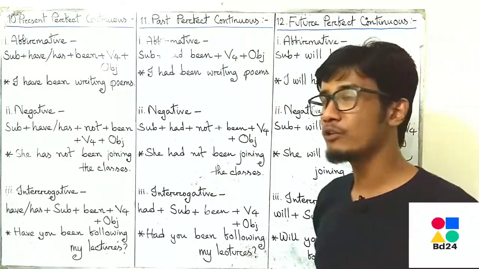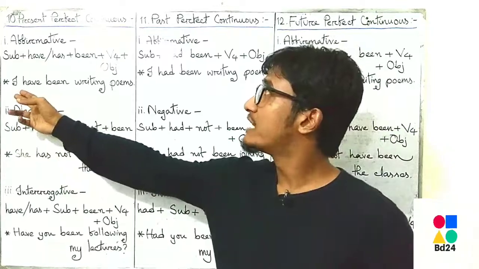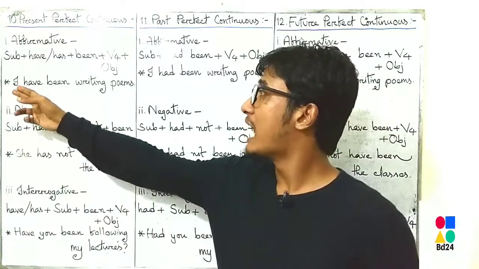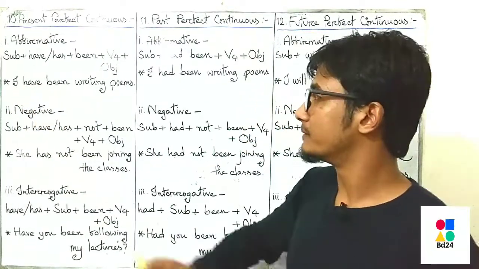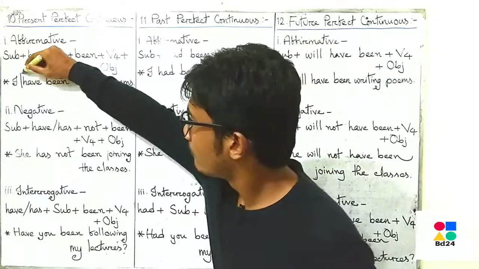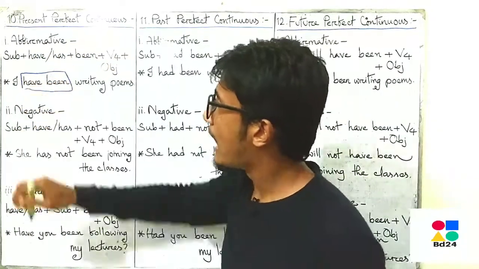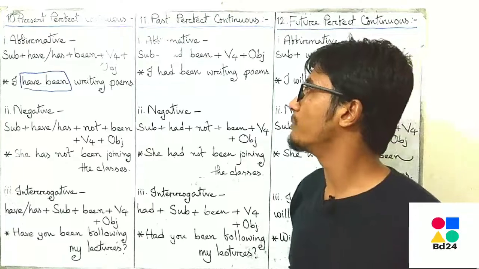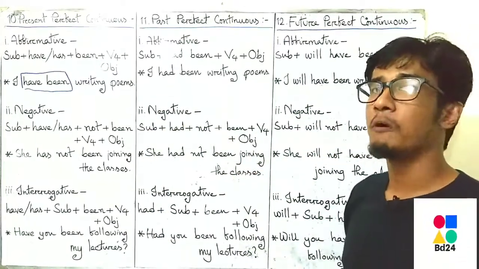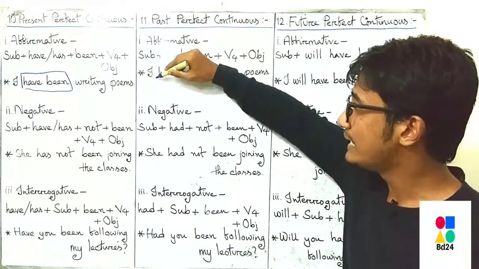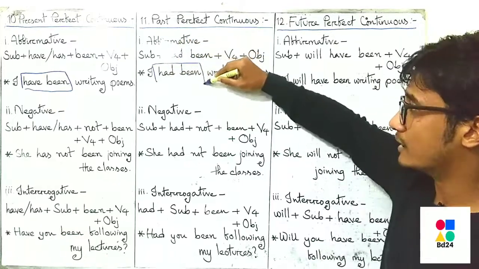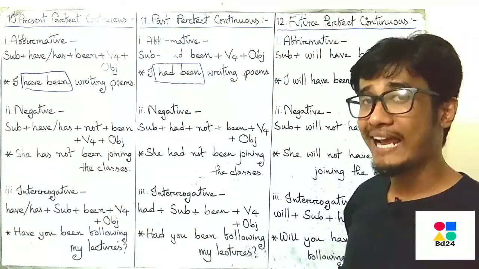So let's see the examples once again. Affirmative sentence of present perfect continuous: I have been writing poems. Affirmative sentence of past perfect continuous: I had been, not have, I had been.